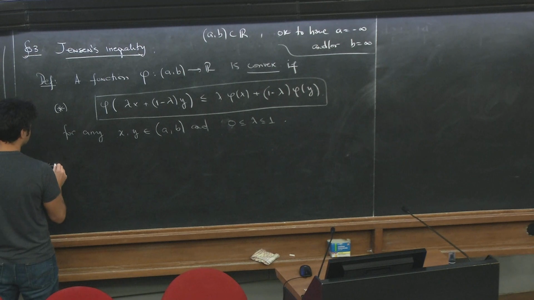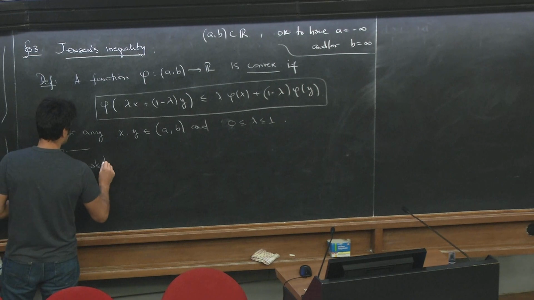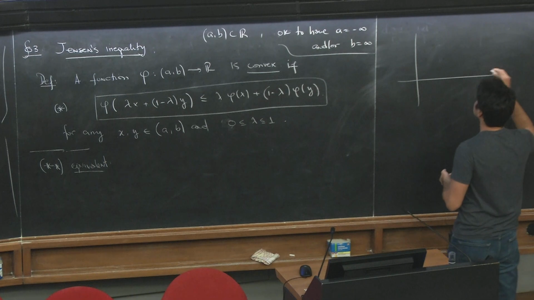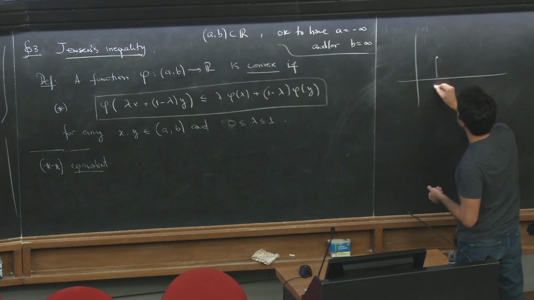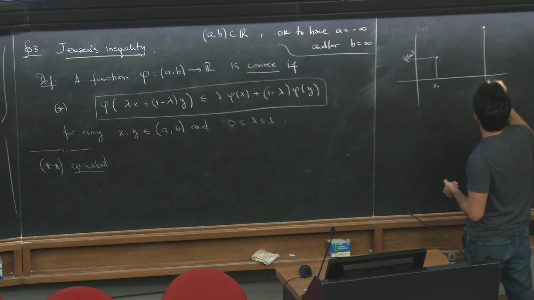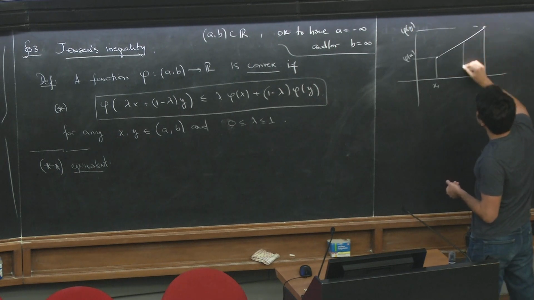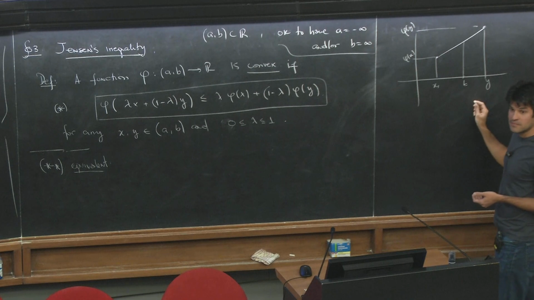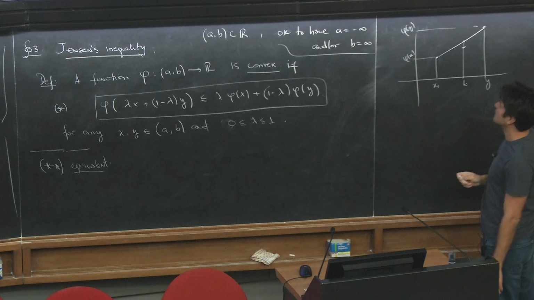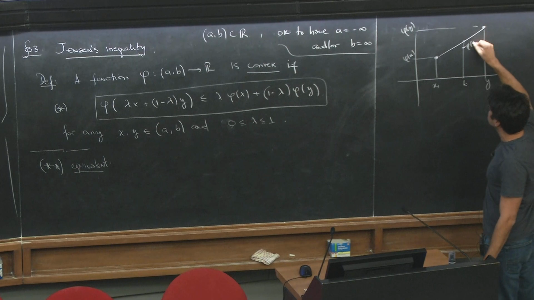An equivalent way would be to say that, if you draw the graph of your function, whenever you have the point (x, phi of x) and (y, phi of y), you draw the line, and you take a point t in between them, the value of the function at the point t has to be below the line that connects the point (x, phi of x) to the point (y, phi of y). So the point phi of t has to be here.